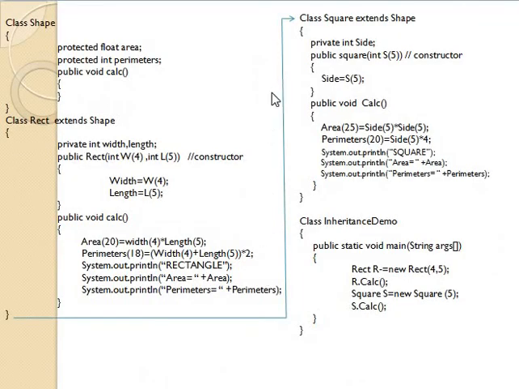That's why you can see in this program that these data members area and perimeter, since they were declared protected for the class Shape, could be accessed only by these derived classes Rect and Square inside their member method calc as represented here.